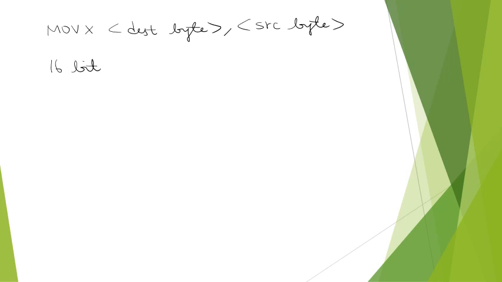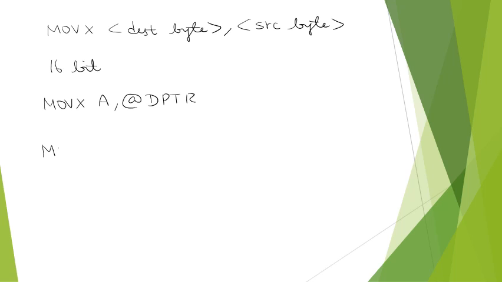If the external memory address is 16-bit, then it can be held by the data pointer register DPTR. So we have the instruction MOVX A, @DPTR. This instruction will move the data from the external memory whose address is held by the data pointer to the accumulator.